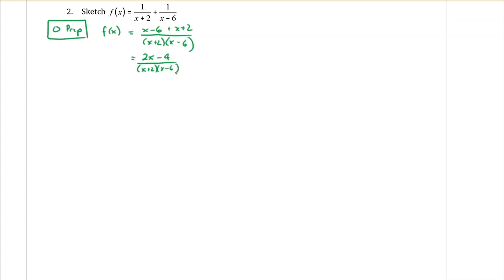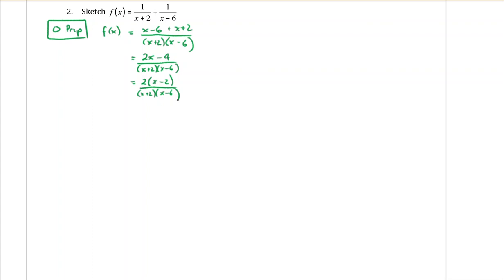And then I can even factorize the top. Take the 2 out and have x minus 2. Okay, that tells you so much already. I can already read off that equation where I have 2 vertical asymptotes and 1 zero from the top.